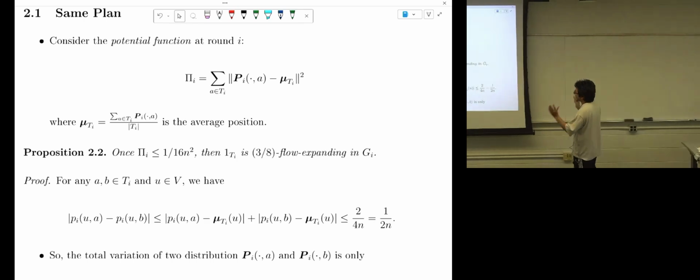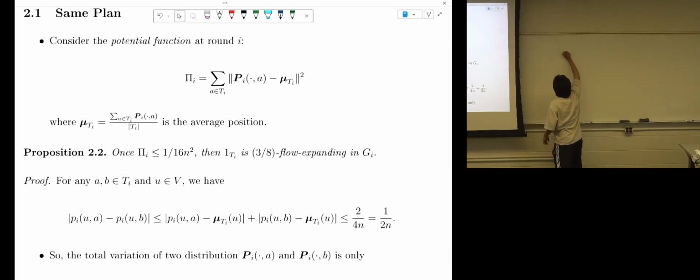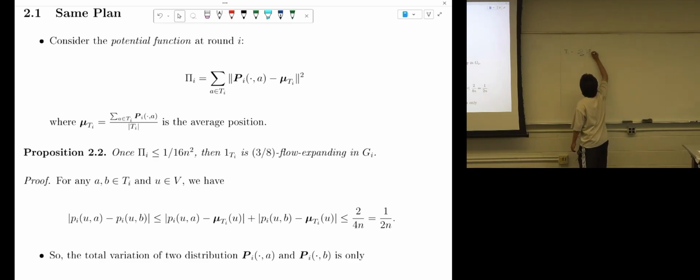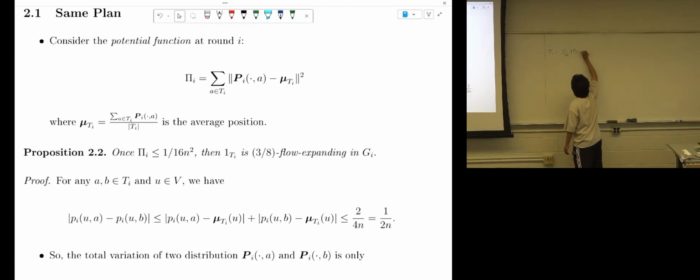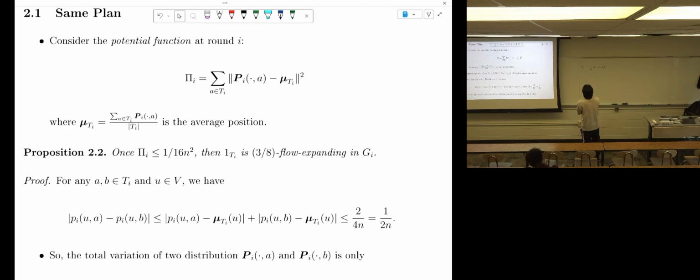I hope this is some extension, but still a reminder so that you remember. Okay, so you have this thing, which is a sum over A in the active set of the position of A to an average.